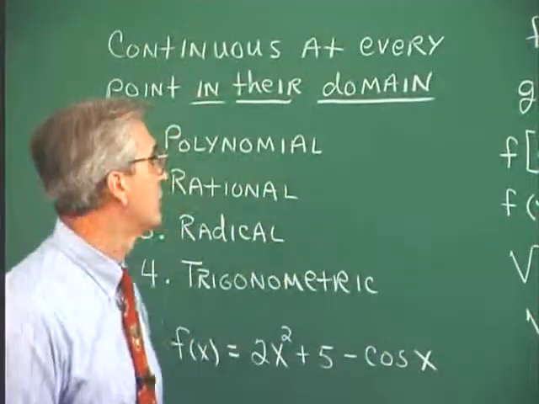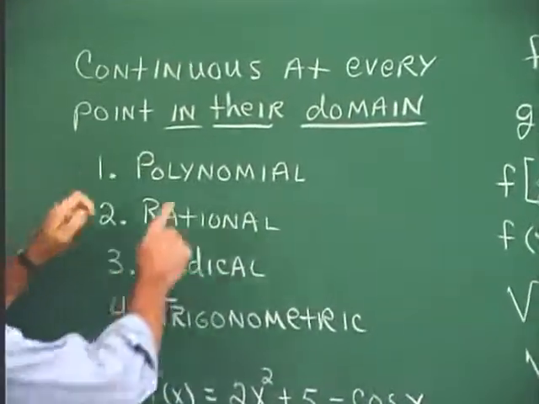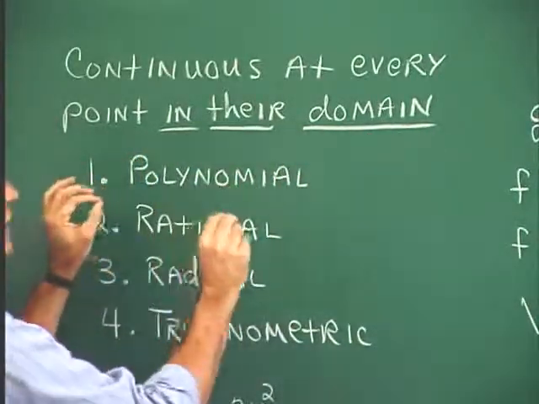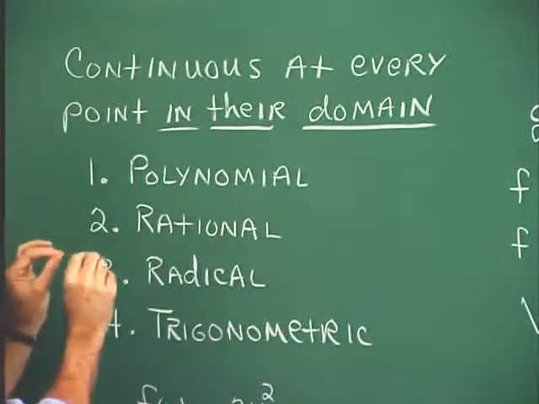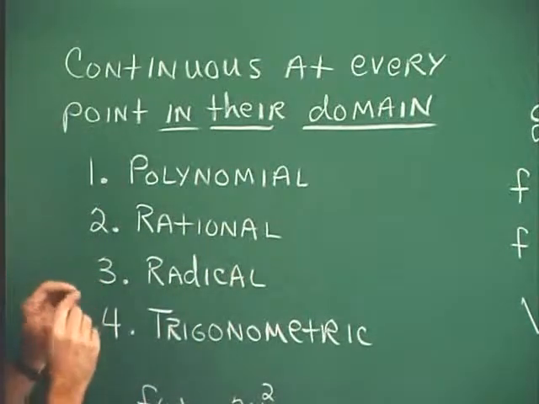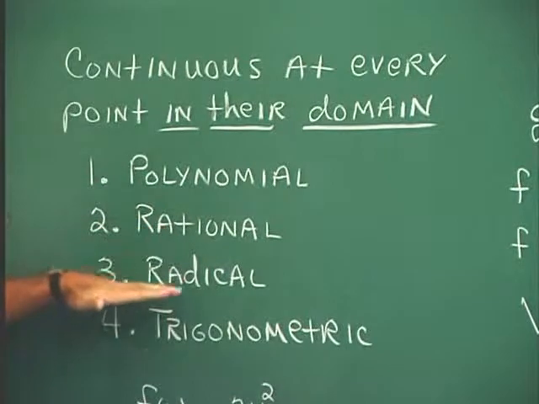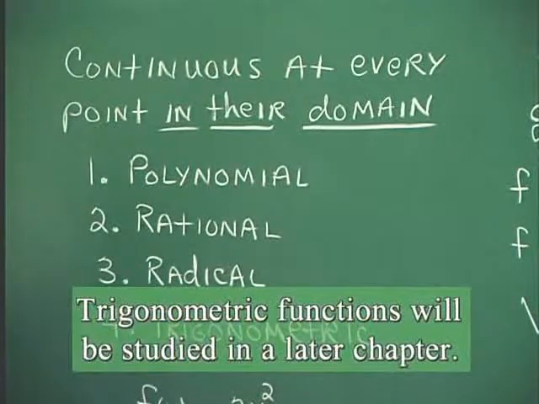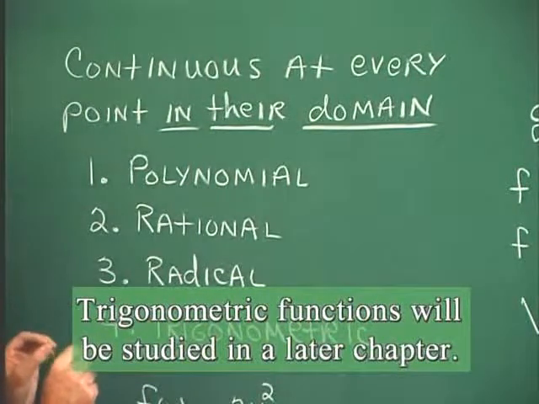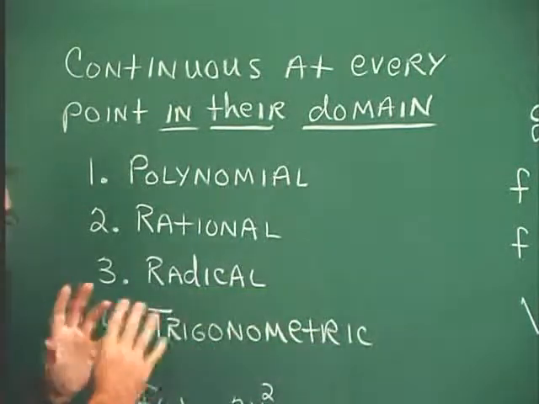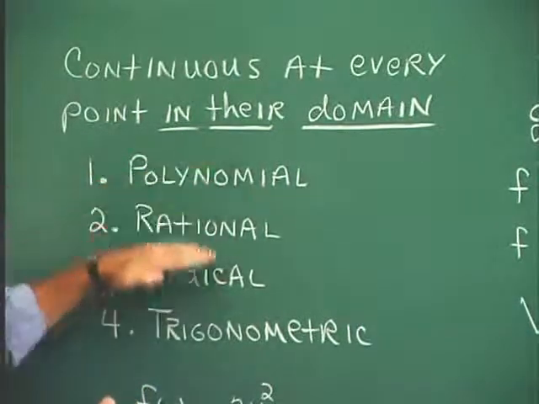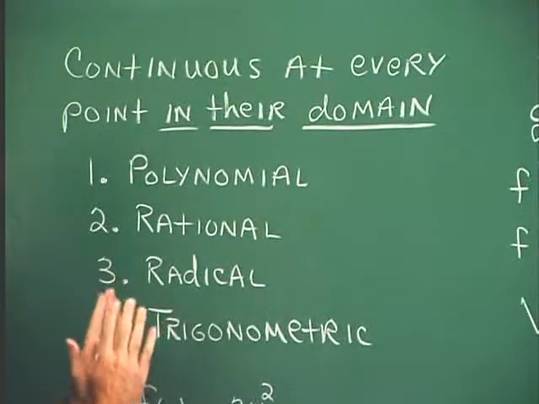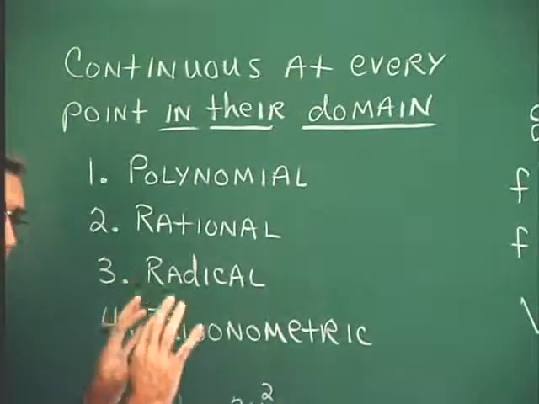Here's a list of functions that are continuous at every point in their domain. This doesn't mean that they are everywhere continuous, just that they're continuous at every point that's in their domain: polynomial functions, rational functions, radical functions, trigonometric functions. This is a nice thing to know, because if you have a weird function that is a combination of two or three of these, you can be assured of continuity by thinking of your function in parts.